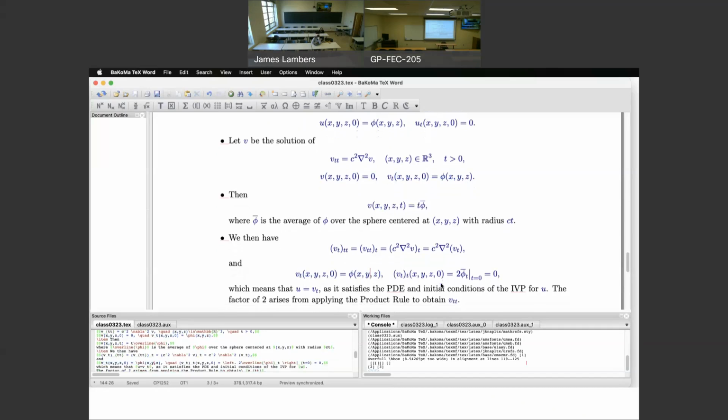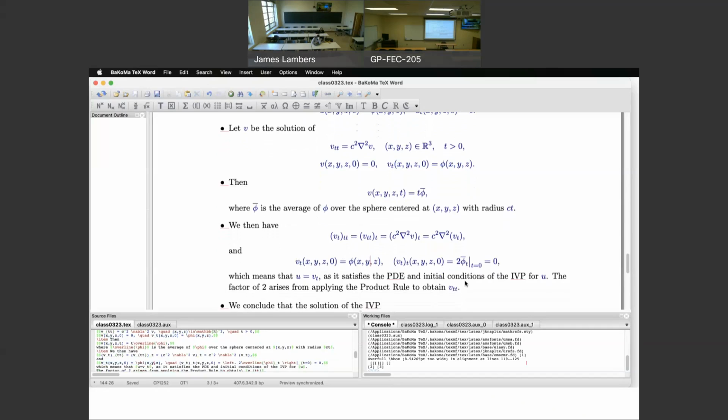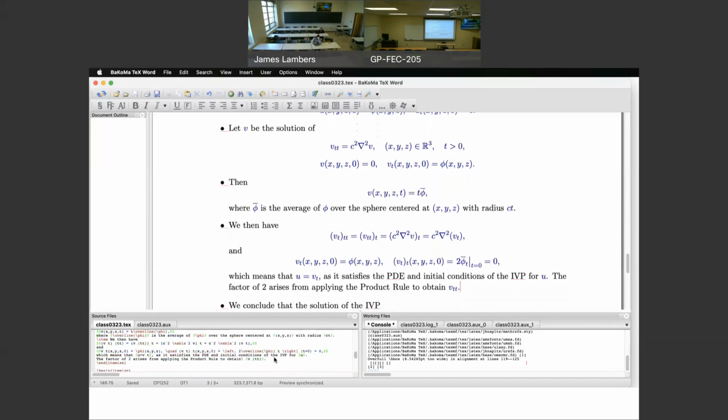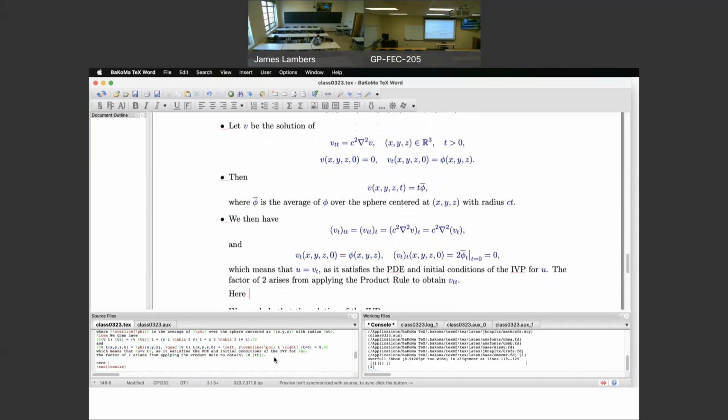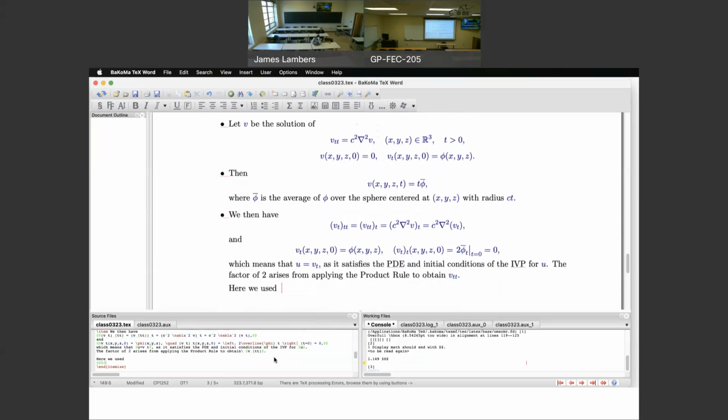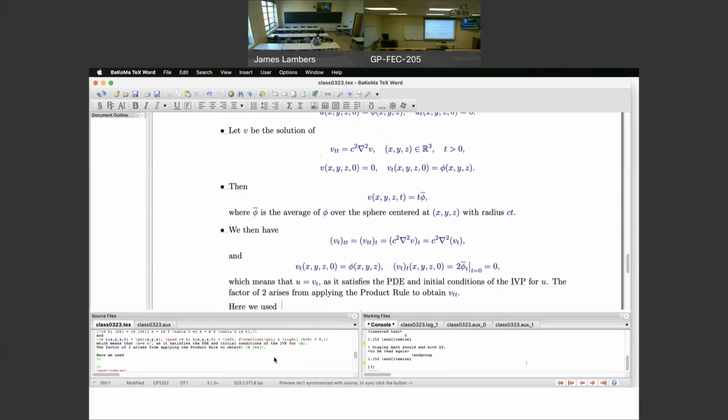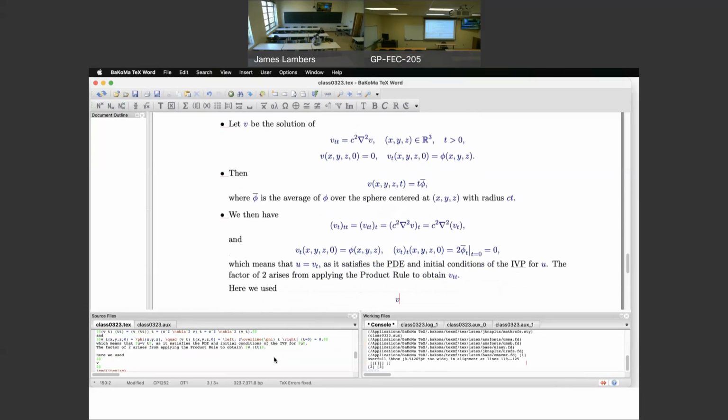Well, okay, I need to do a little extra work here to show you the product rule for a second derivative, because v is equal to t times the average value of phi.